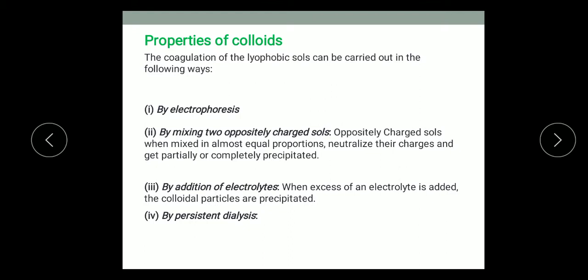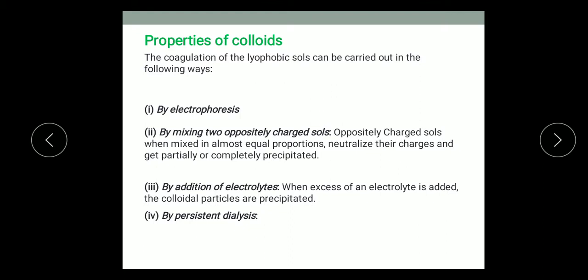So when we mix these two types of inks, or you fill a pen having some black color with the blue color ink, they get coagulated and lose their property.